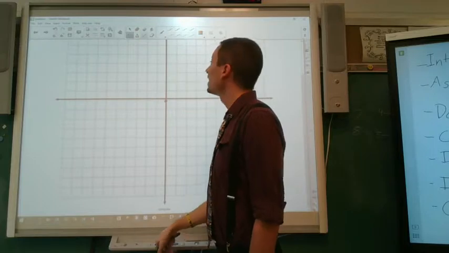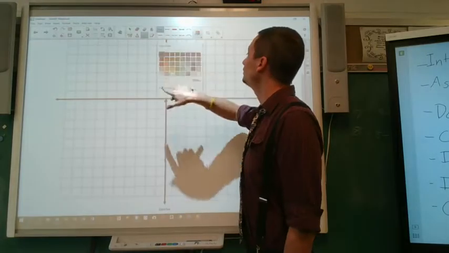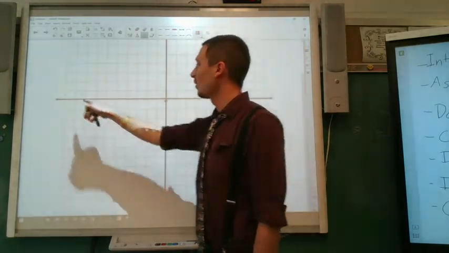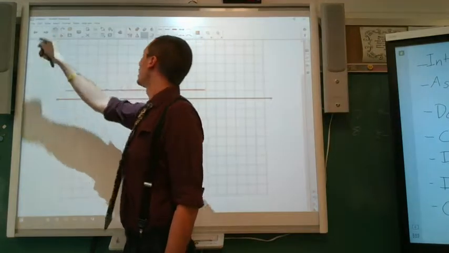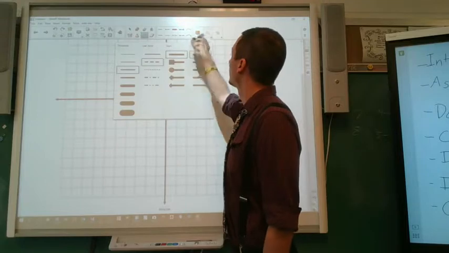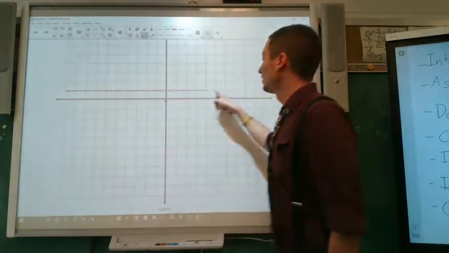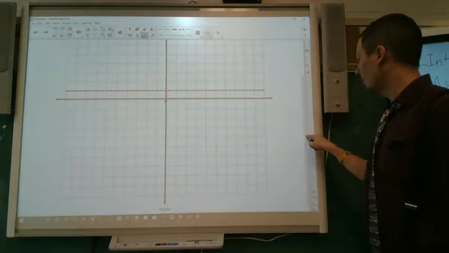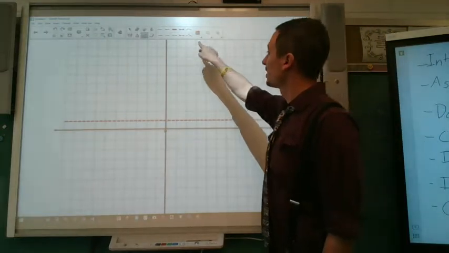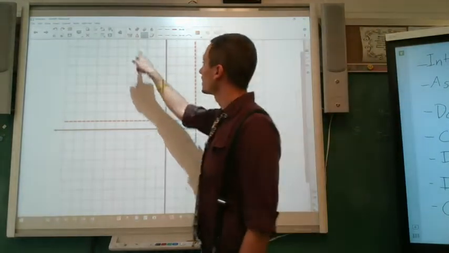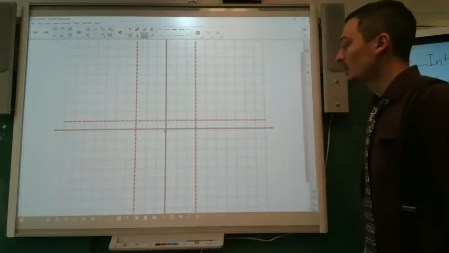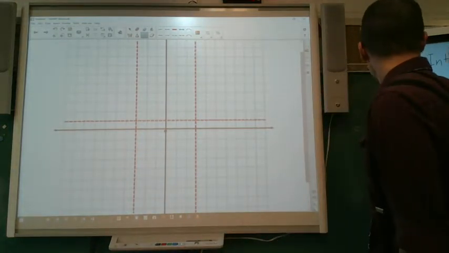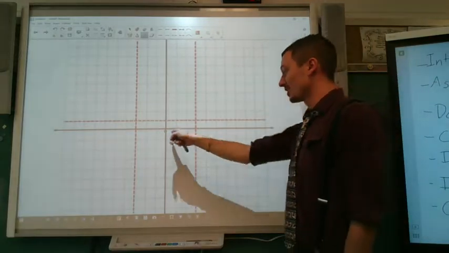We have a horizontal asymptote at 1. Let's make it a dotted line, because it's an asymptote. We have a horizontal asymptote at 1, and we have a vertical asymptote at positive and negative 3. So intercepts, asymptotes, critical points. This is a critical point.